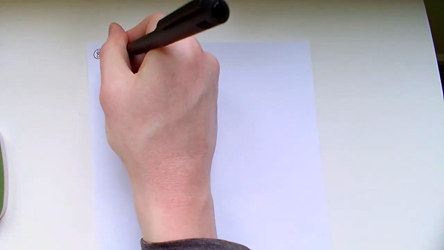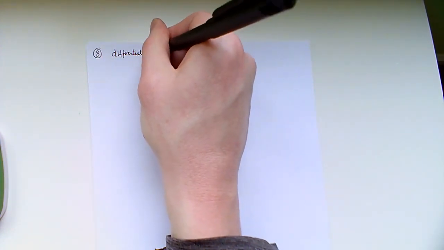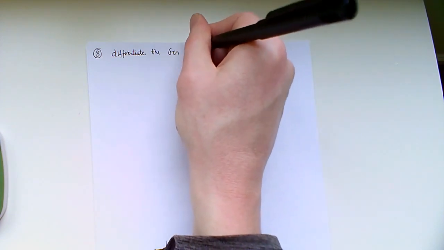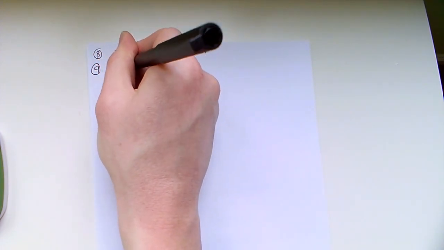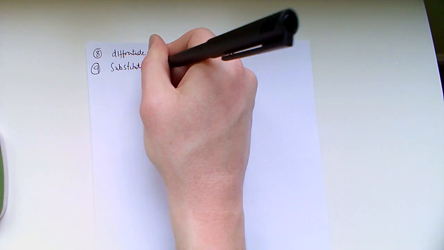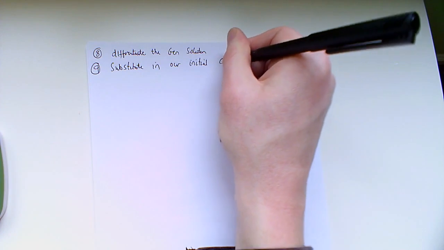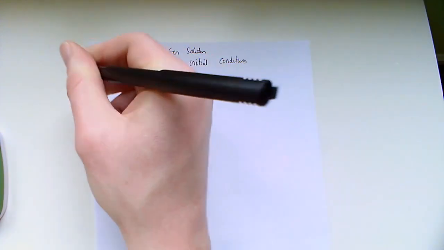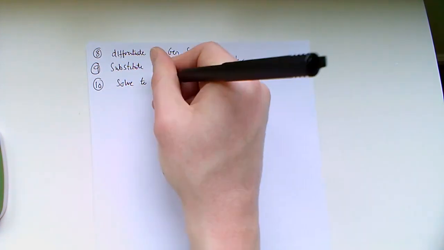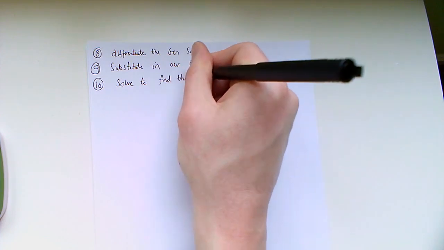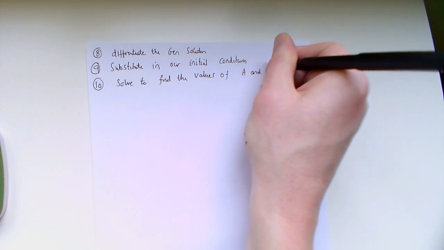We differentiate the general solution and we substitute in our initial conditions and then solve to find the values of A and B.